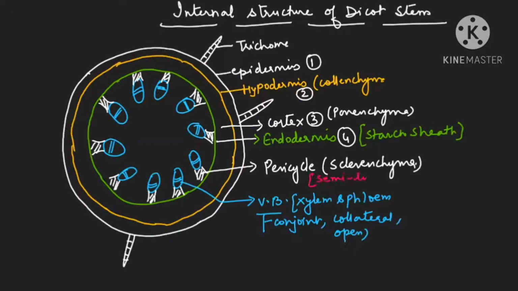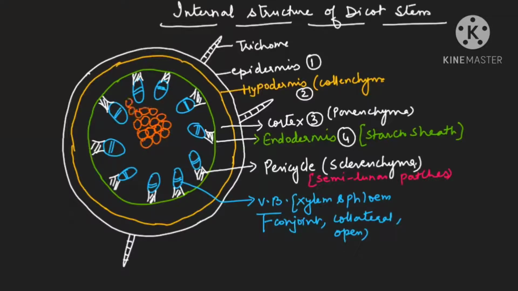The semilunar patches are made by the pericycle. This much is clear. Now see the center area, which is known as pith, made up of parenchymatous tissue. This is pith, or known as medulla.